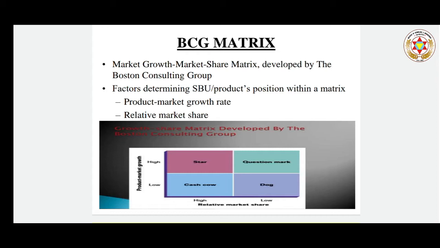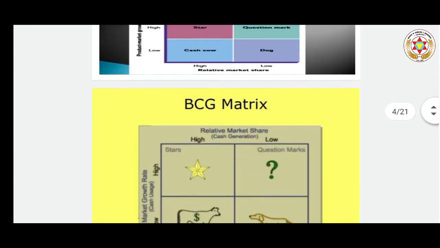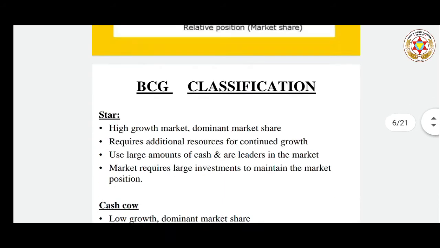It is a strategic planning tool based on the philosophy that the product's market share and the market growth rate are important in determining marketing strategies. So the factors determining the product's position within the matrix are the product market growth rate and the relative market share. This is the figure diagram of the BCG matrix.